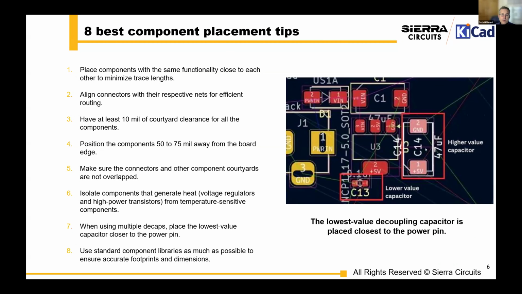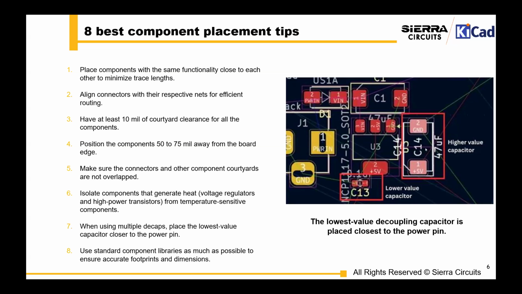Or if you have close cropped courtyards, then you can specify a 10 mil courtyard clearance in the custom rules. You can do an offset there, where you test one element on the courtyard layer against another element on the courtyard layer. And there's an example of that in the custom rules.